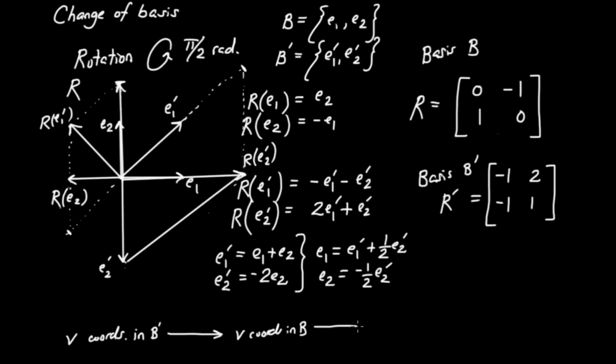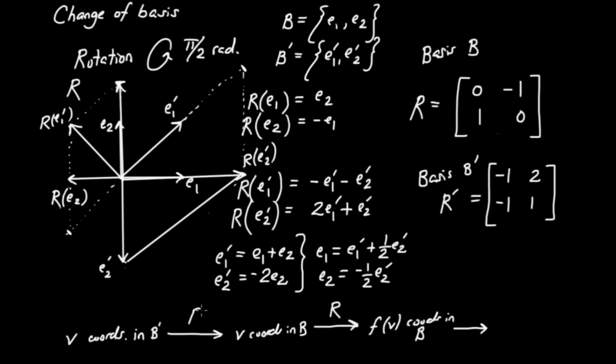And then I could apply the linear transformation, which we're calling R here, and this would be f of V coordinates in B, in that very same basis. But then I want to convert back to coordinates in the basis B prime. So I need some linear transformation which is going to take the coordinates in B to the coordinates in B prime, which is actually going to be the inverse of this transformation, whatever that is there.